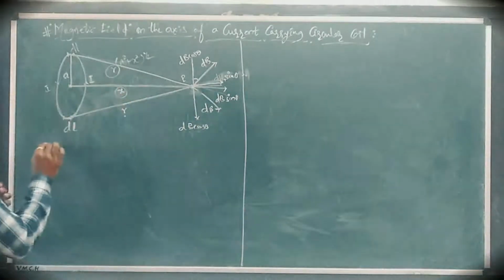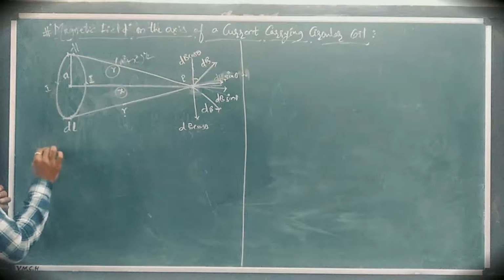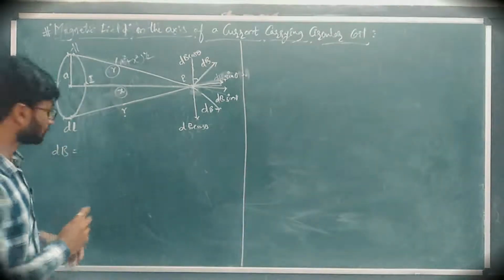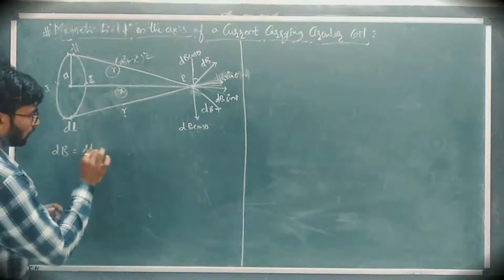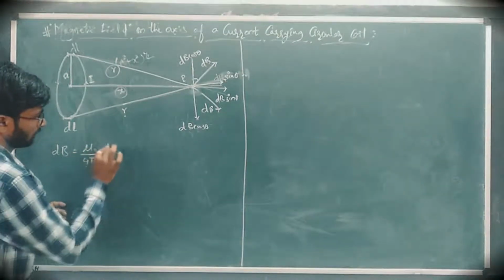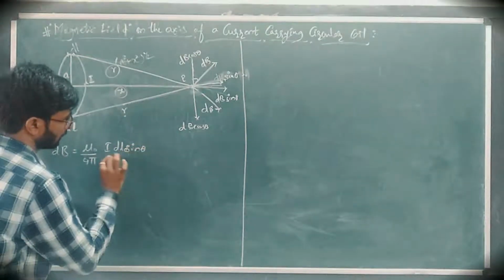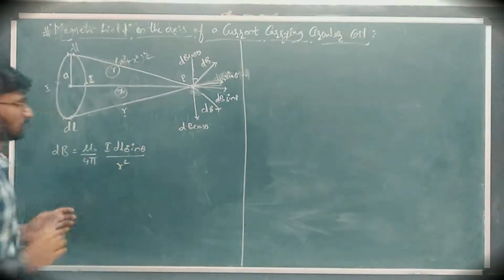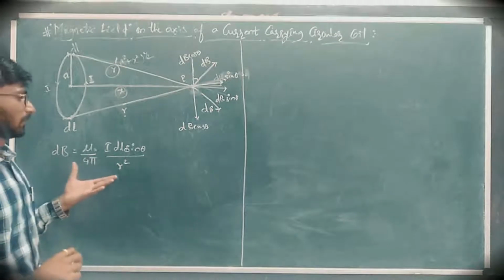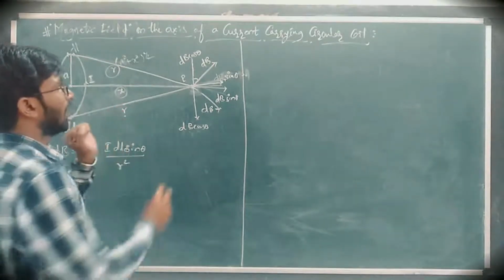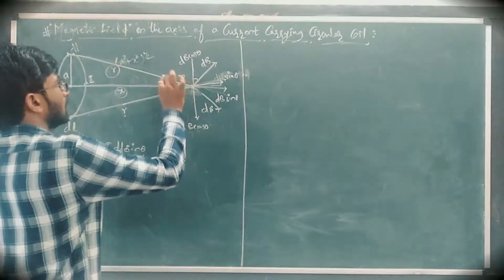We already know the Biot-Savart law, which we can write as dB equals mu naught by 4 pi, I dl sin theta by r squared. Now we need to find the angle theta.